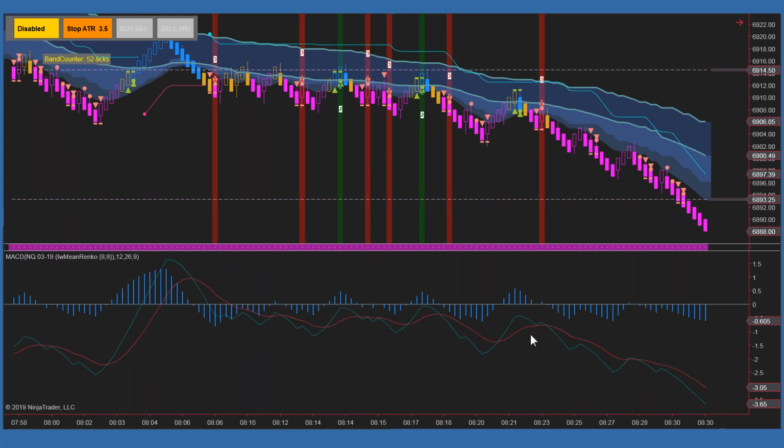Okay, so the market seems to have established a bit of a trend. Your MACD has crossed, so we're going to be a little bit more bearish. If you miss the first opportunity, you're always going to be on the lookout for another opportunity to try to get into the market.